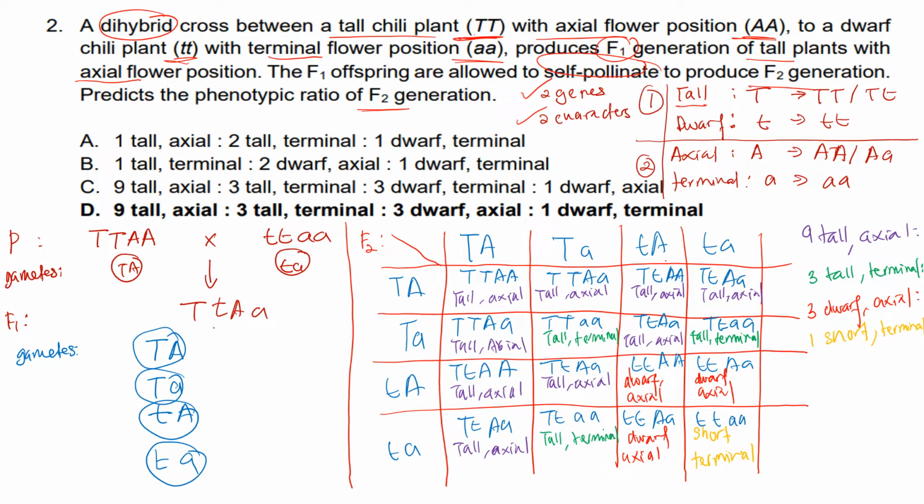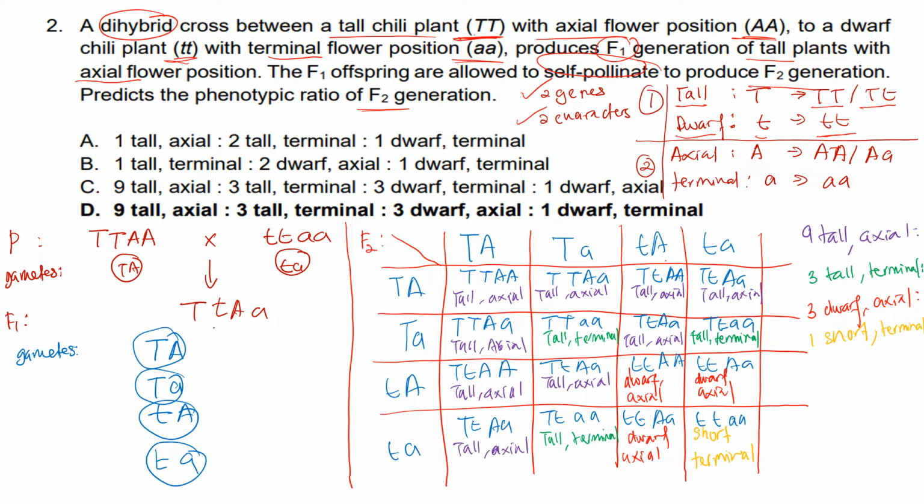An individual that is homozygous dominant, capital T, or heterozygous will exhibit the tall phenotype. The recessive phenotype is dwarf, controlled by the recessive small t allele, so an individual that is homozygous recessive, small t, will be dwarf.